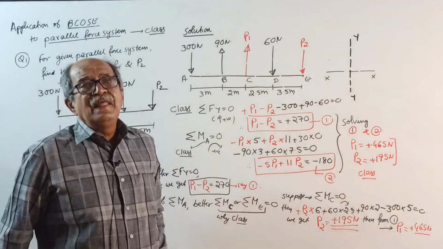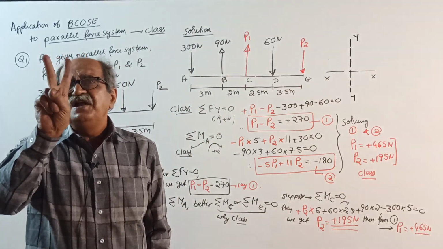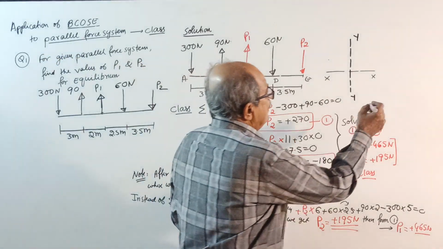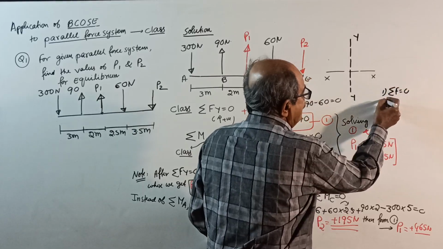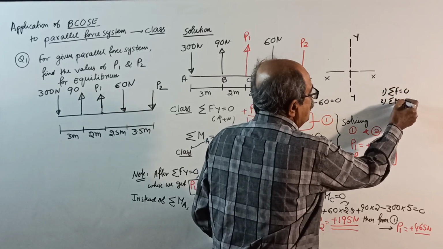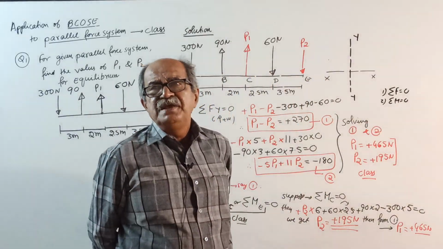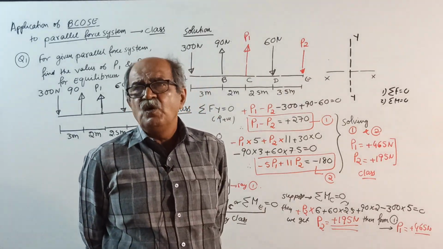Class, parallel force system. There are only two basic conditions of static equilibrium. I told you, one of them is sigma F equal to 0. The other is sigma M equal to 0, the algebraic sum of moment of the entire force system about any point equal to 0.